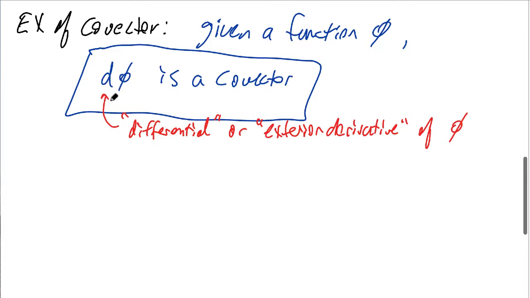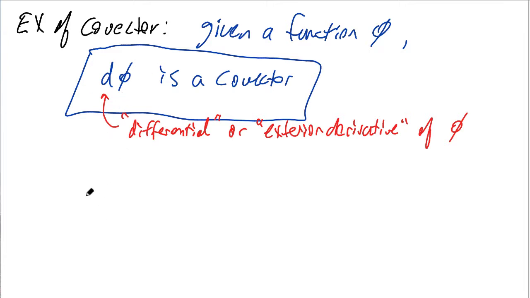So d phi would be a small change in phi. I'll discuss later on the connection between this intuitive notion of d phi as a small change in phi and the interpretation of d phi as a covector. In other words, as an operator that acts on vectors to give numbers.